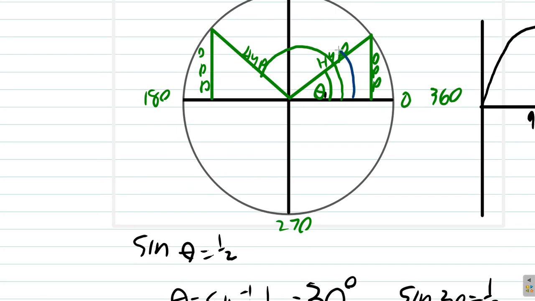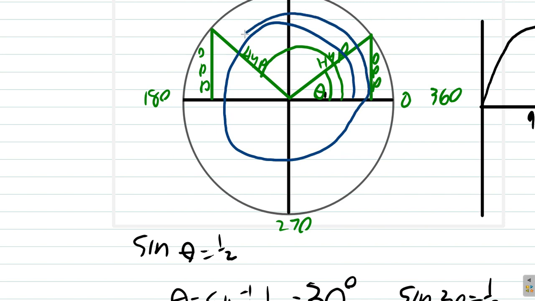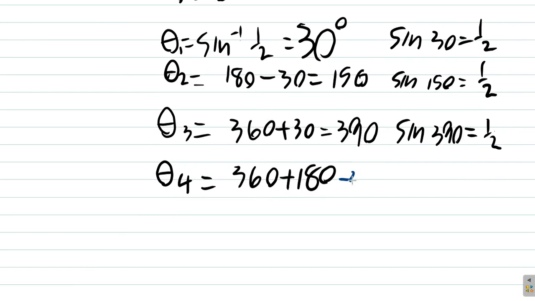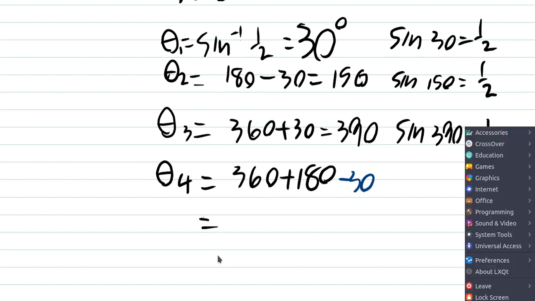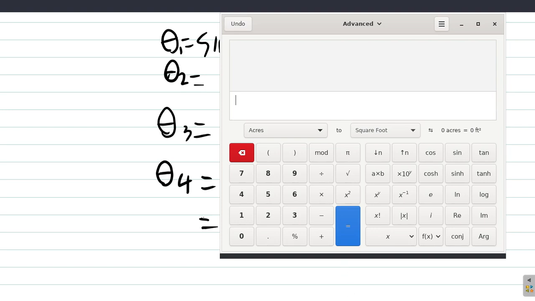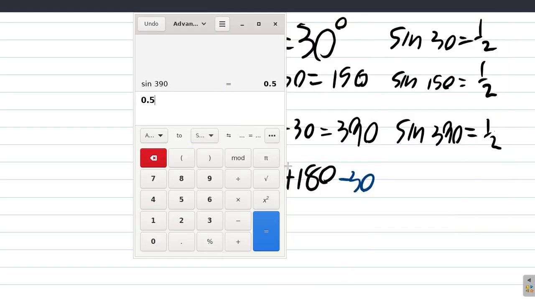360, 180, and then we go back up here and see what happens. 360 plus 180 minus 30. What does that give us? 360 plus 180 minus 30 degrees gives us 510 degrees.